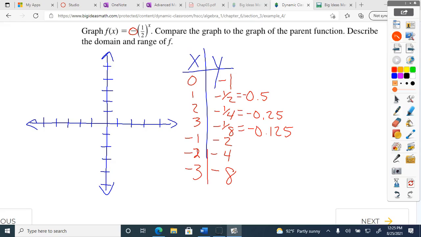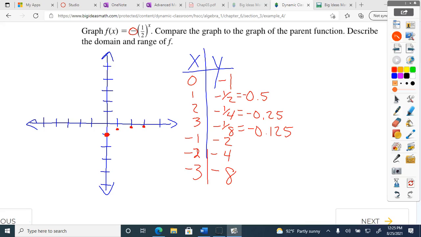Okay, so we graph. 0, -1. 1, -1/2 would be about right there. 1, -1/4 would be about right there. I'm just guesstimating. 3, -0.125 would be, I just keep getting closer and closer to what?